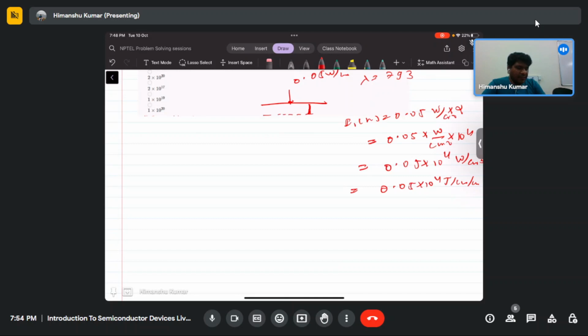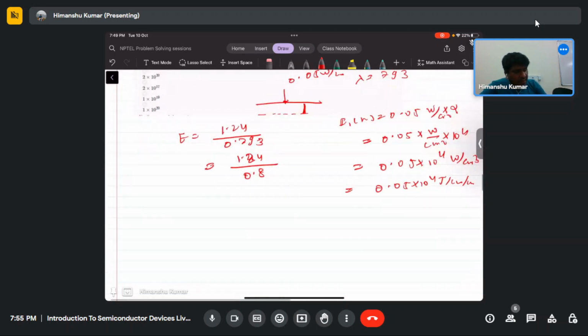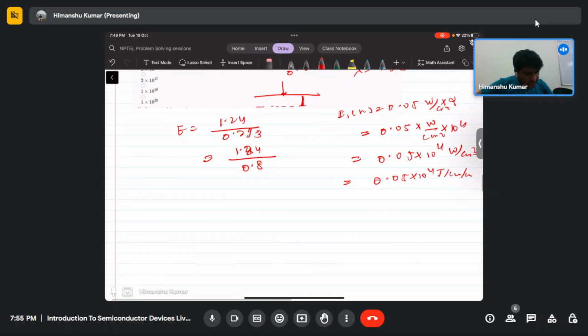Now if we calculate the energy of the photon, it is 1.24 divided by 0.8, since the wavelength is 0.8 micrometer. To find how many photons are in the beam, you divide by this.